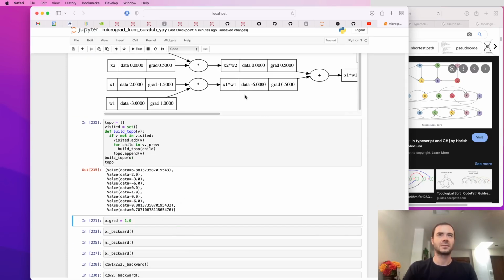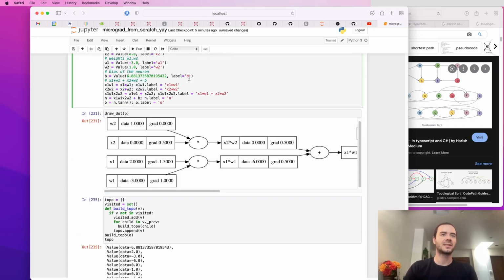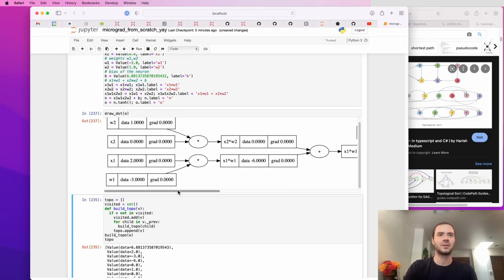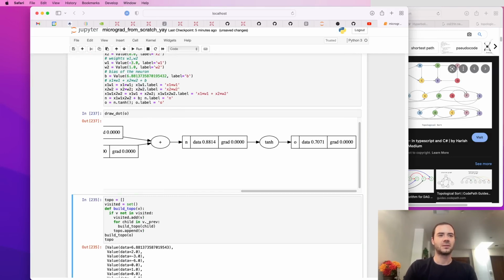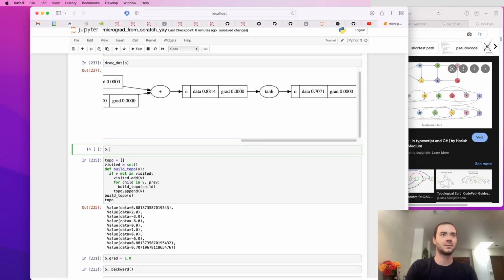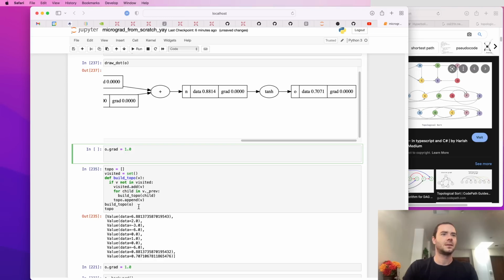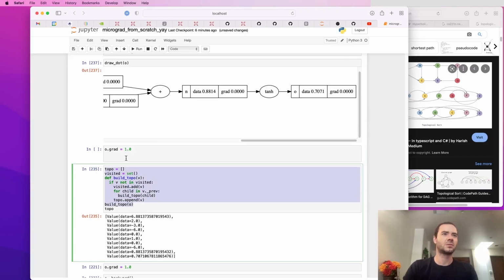And really what we're doing now is we're just calling ._backward on all of the nodes in a topological order. So if we just reset the gradients, they're all 0. What did we do? We started by setting O.grad to be 1. That's the base case. Then we built the topological order.